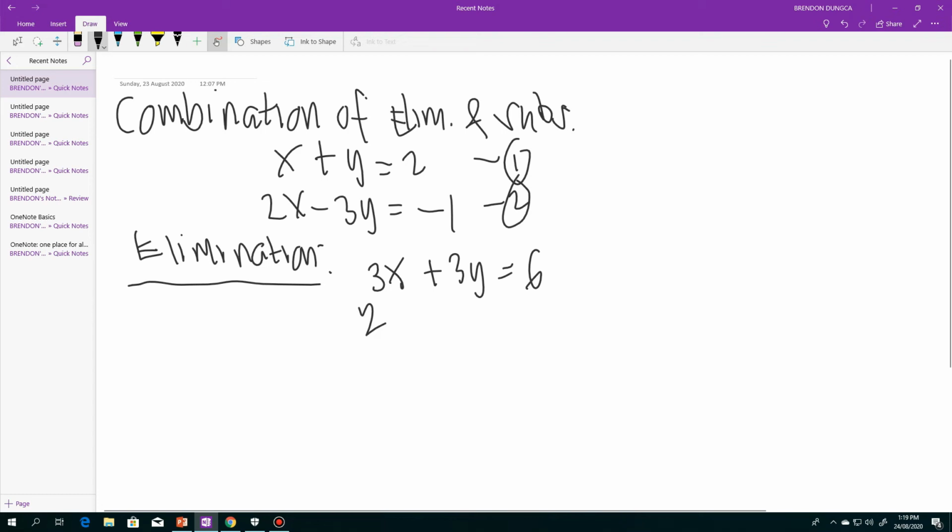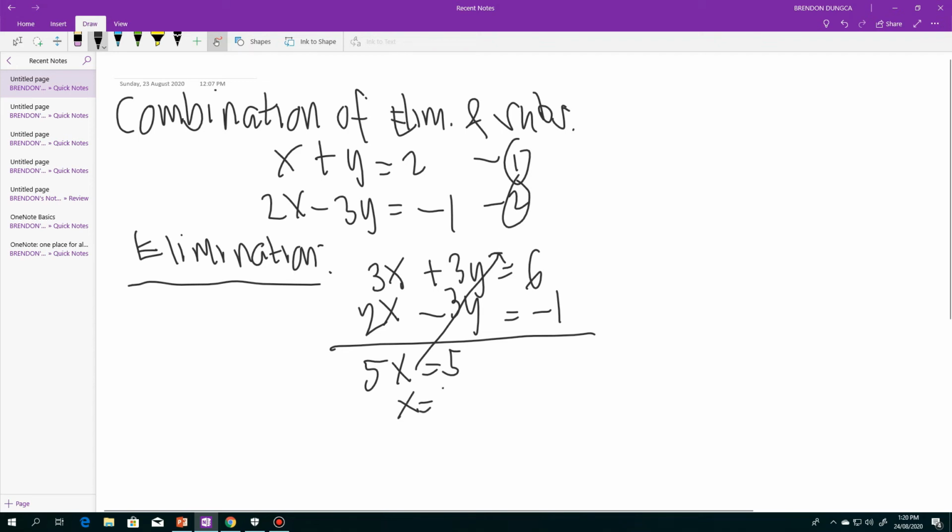Then we just copy 2x minus 3y equals negative 1. So we will use elimination by addition. This will be cancelled. 3x plus 2x is 5x equals 6 minus 1 is 5. Therefore, we will get x is 5 over 5 or 1.